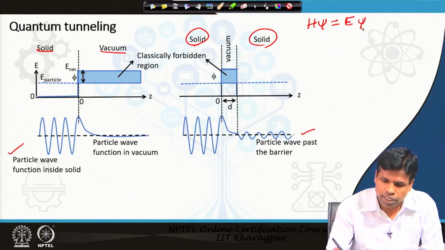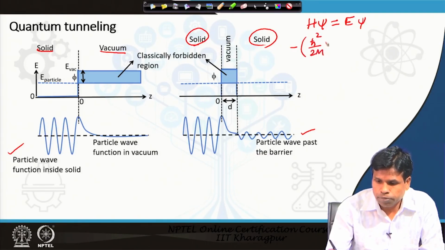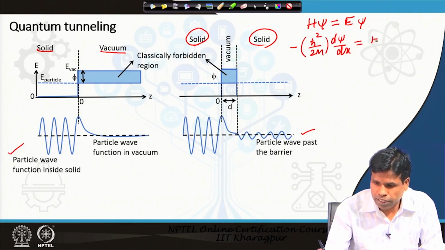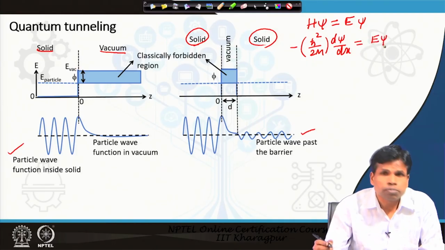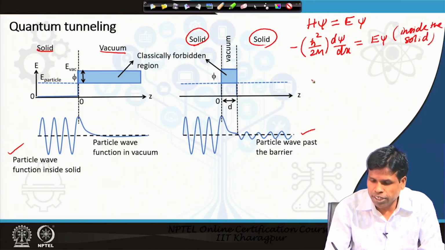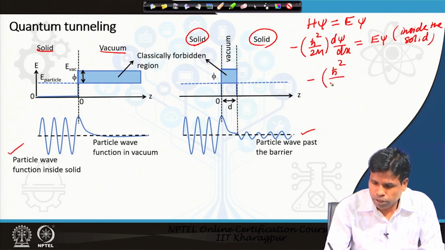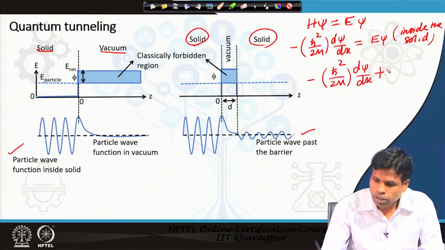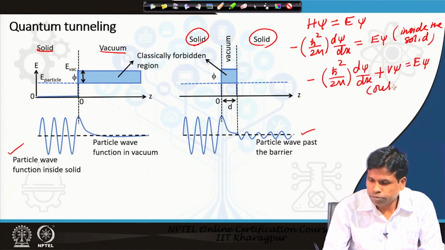So we can write minus h cross square by 2m d squared psi by dx squared equals E psi, that is inside the solid, and outside the solid we can write minus h cross square by 2m d squared psi by dx squared plus V psi equals E psi.